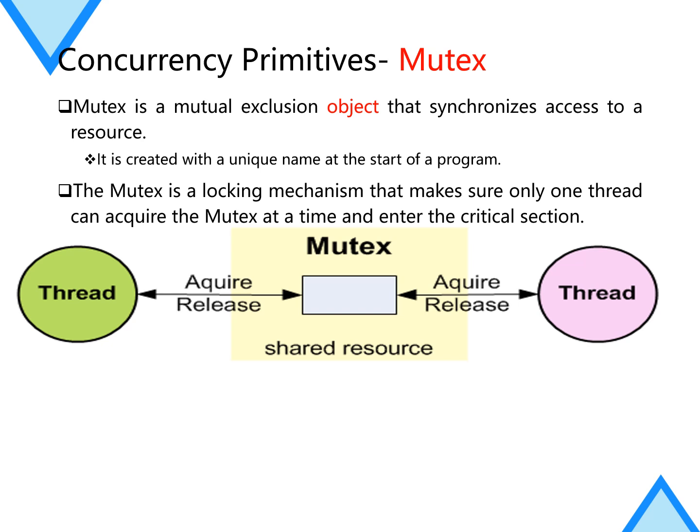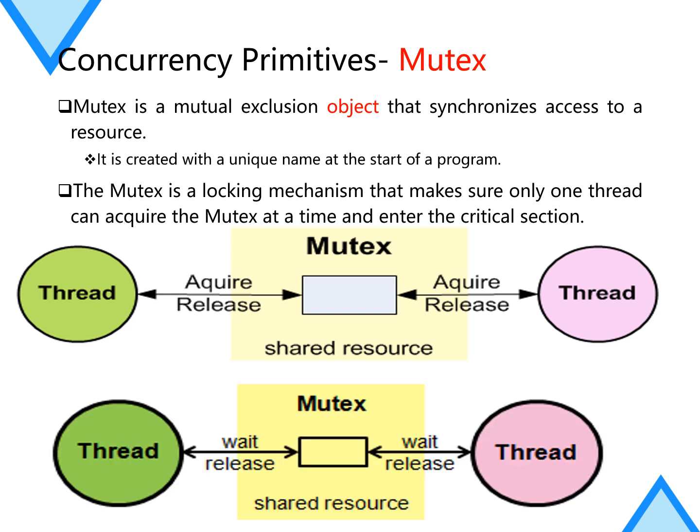So actually the mutex provides a lock to some thread on shared resources. It provides a lock when some process or thread wants to acquire a shared resource, and they unlock the mutex for some thread whenever they are releasing the shared resources.